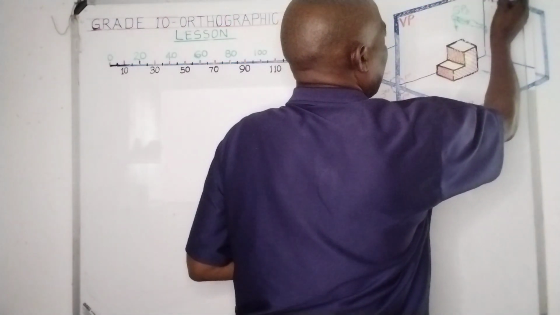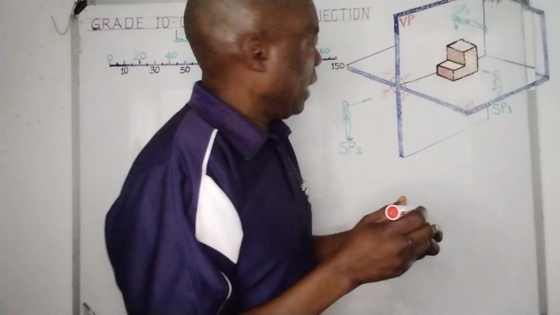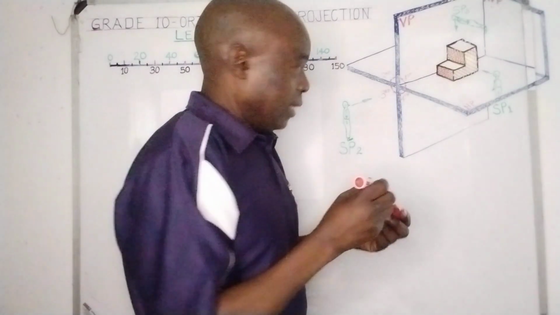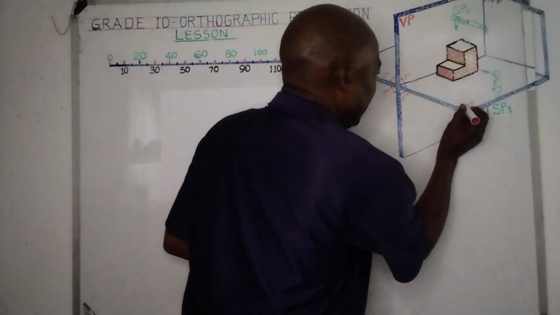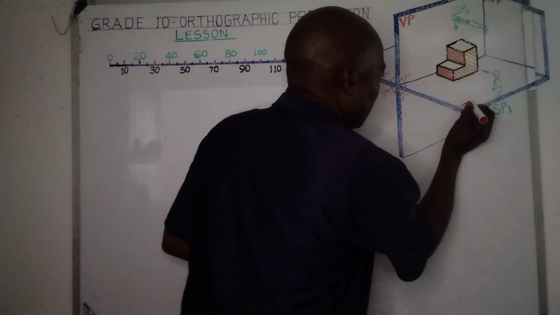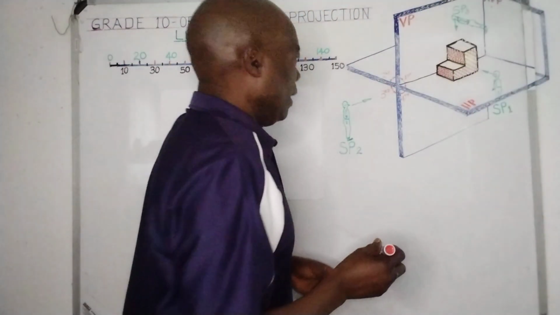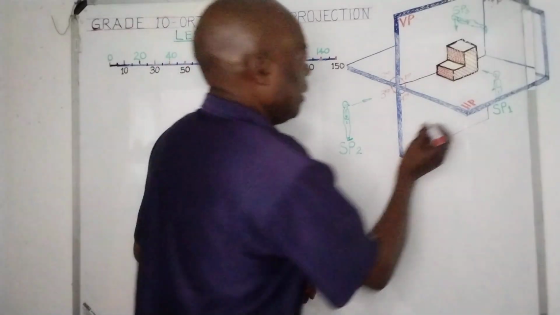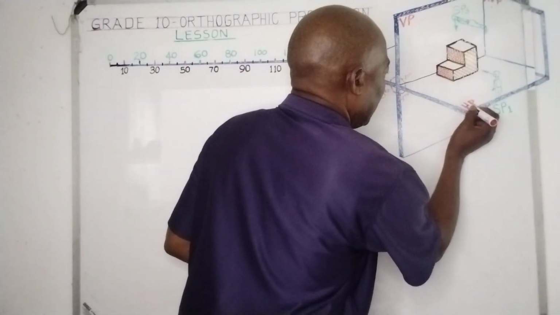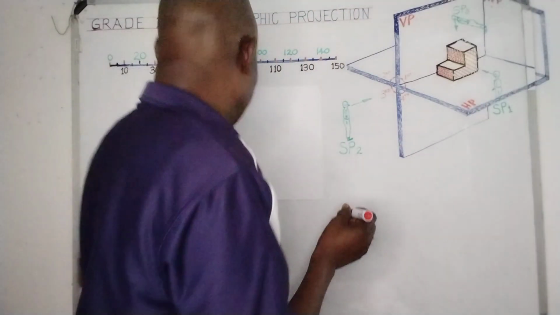Right. So the abbreviations here, let me just write it quickly. The abbreviations, so VP, this is a key or legend.